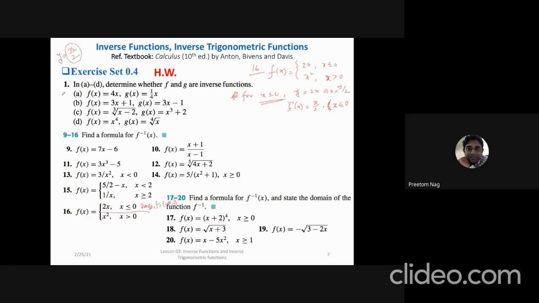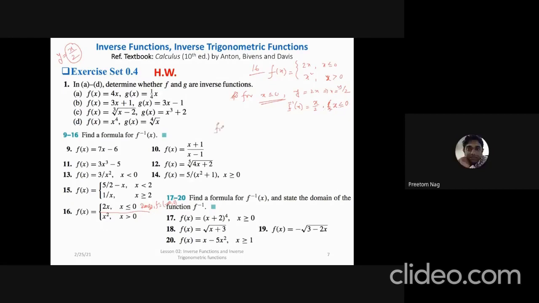The domain is the set of all real numbers, right? But here we cannot consider all real numbers, because x by 2 is valid only as the inverse function of 2x. So the range of 2x for this domain will be the domain of this inverse function. Okay?